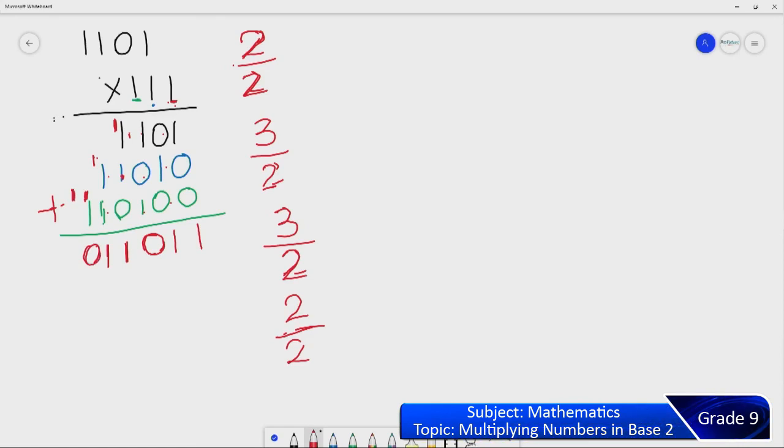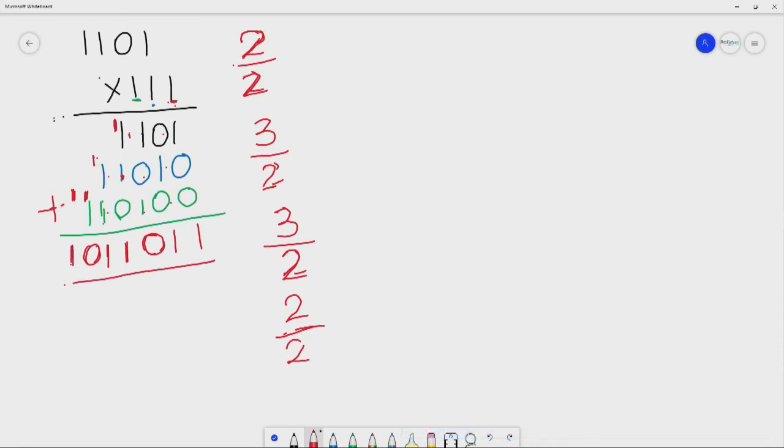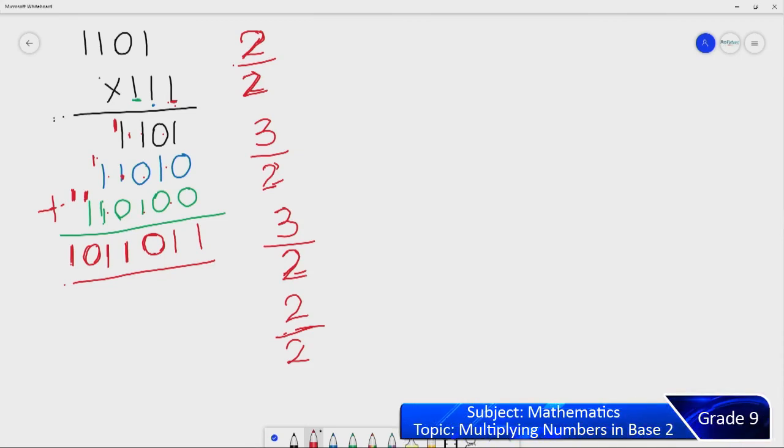And the one that we just brought over, we just bring it down. So when we multiply 1101 by 111, we get 1011011.